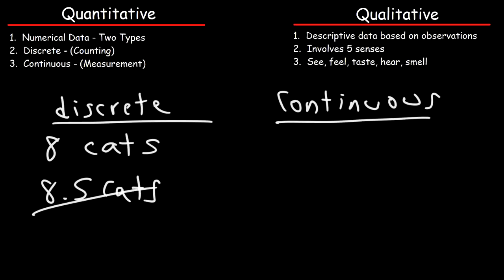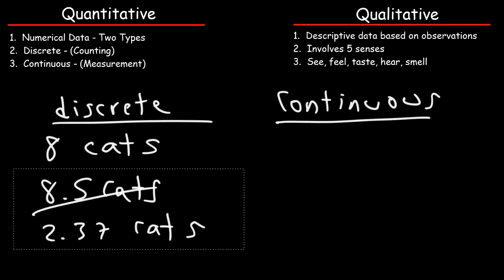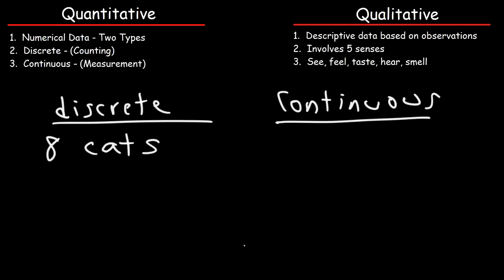That's not possible. You can't have 2.37 cats. And so when you're counting, let's say animals or objects, it's based on whole numbers or 0 as well. But you can't have any number in between. You can't have 7.46 cats. So counting is based on a discrete numerical data.